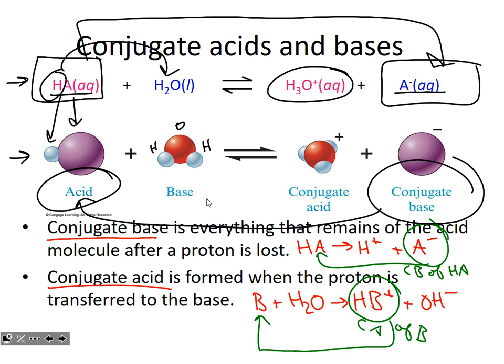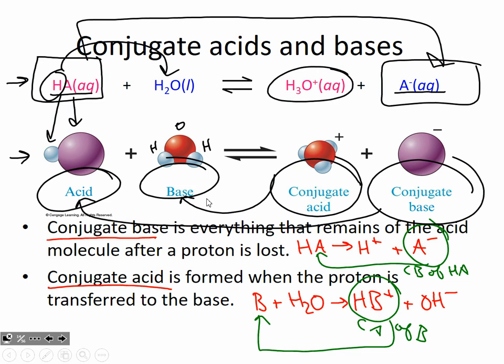HA and A minus together are a conjugate acid-base pair. And then the water and the H3O plus. Well, the water was acting as the base. So the H3O plus is actually the conjugate acid of the water. So H2O and H3O plus are another conjugate acid-base pair.